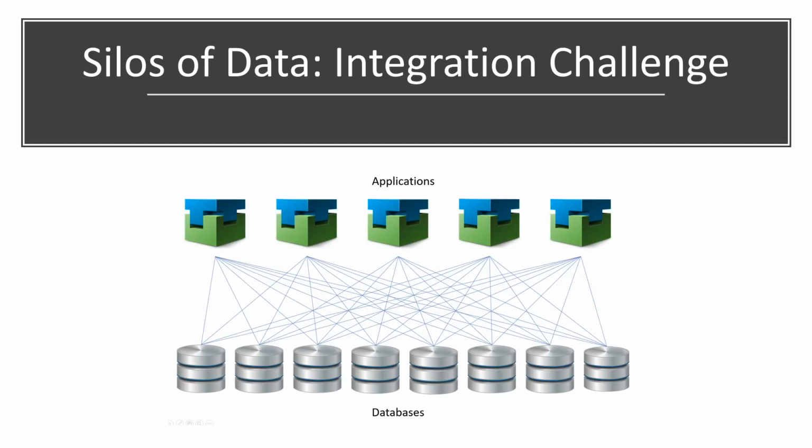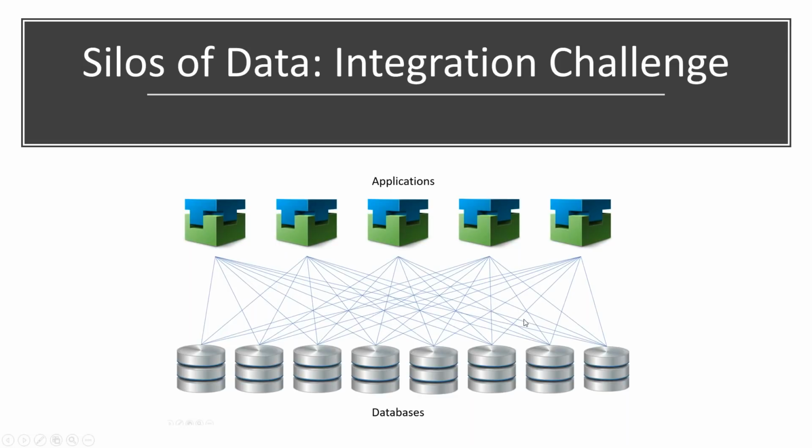This will create a mesh like this, where every data source connects to every application separately. Integrating such a solution would be a quite painful process, because if you add a new system or a new data source, lots of new integrations should be done, and it's a very time-consuming process. It's like silos of data, silos of applications.